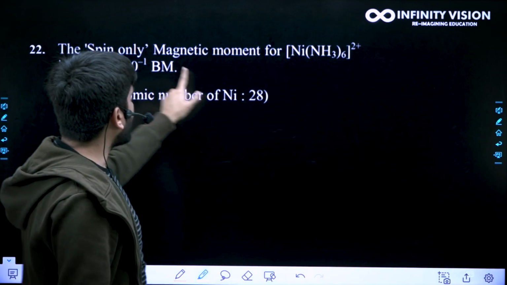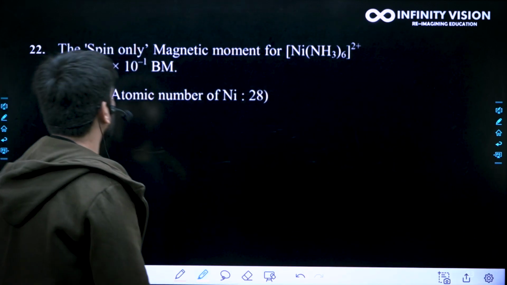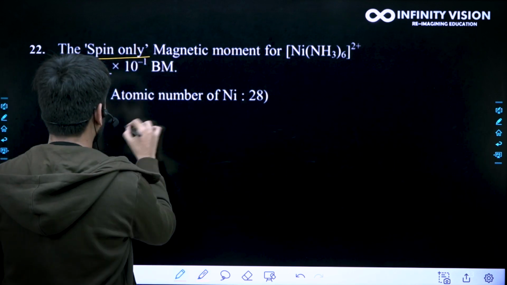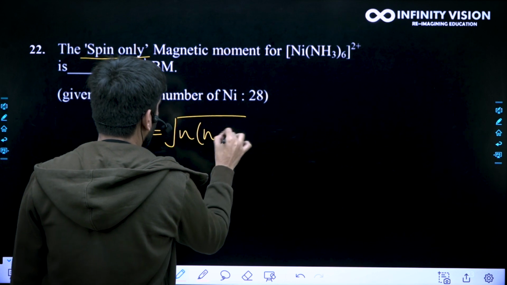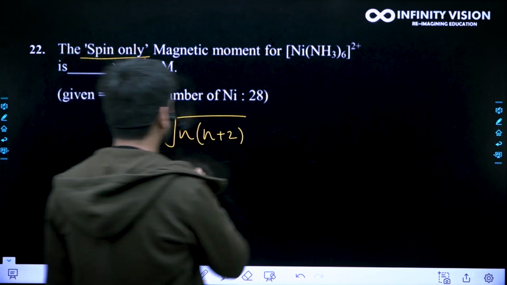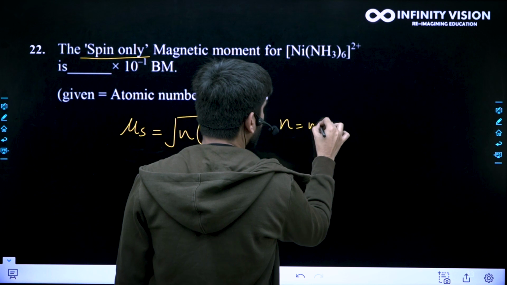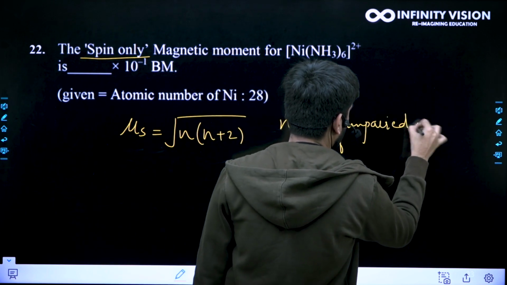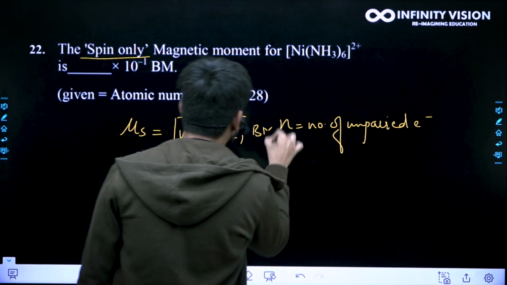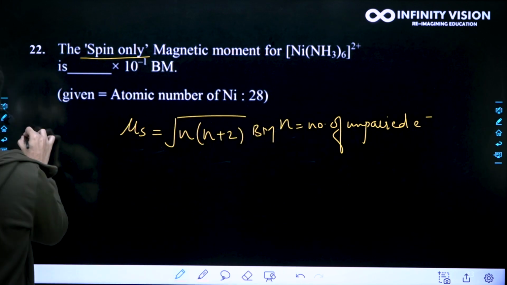The spin-only magnetic moment for this complex is, all right, spin-only magnetic moment. So we know what the formula is: square root of n(n+2), where n is the number of unpaired electrons, in Bohr magneton. So let us see this. Nickel is in +2 oxidation state.